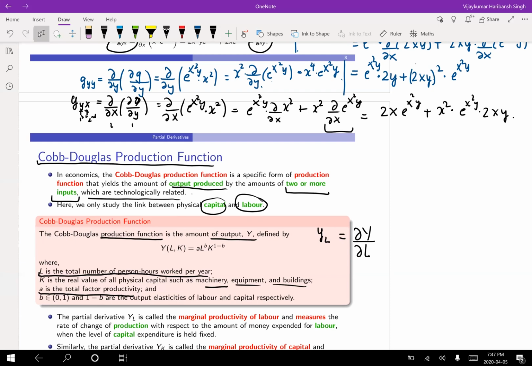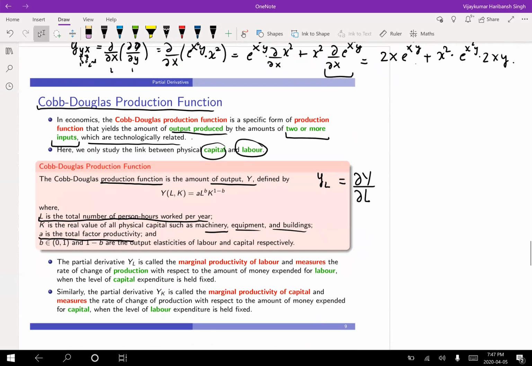So this is what the partial derivative means. So the partial derivative Y_L is called the marginal productivity of labor. That's a name. And it measures the rate of change of production with respect to the amount of money expended for labor when the level of capital expenditure is held fixed. That is not going to change. All right. So K is fixed.